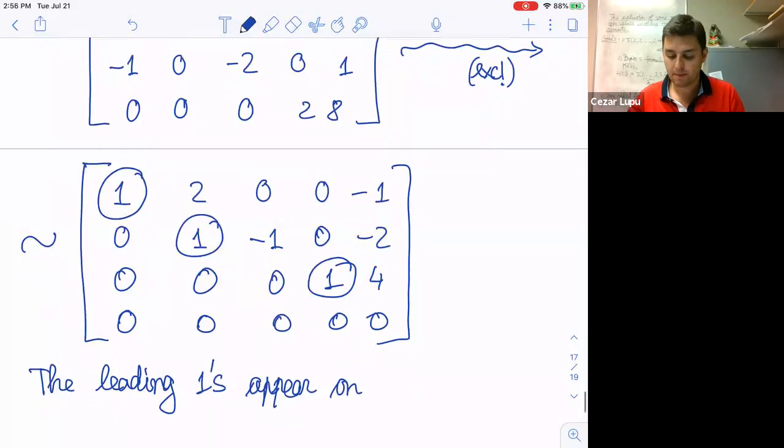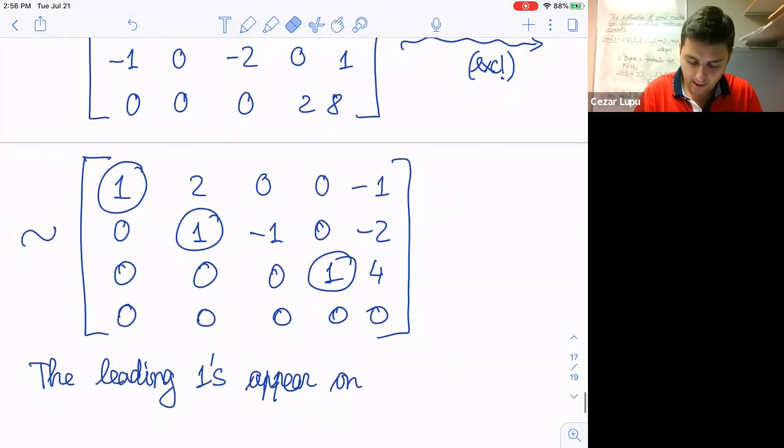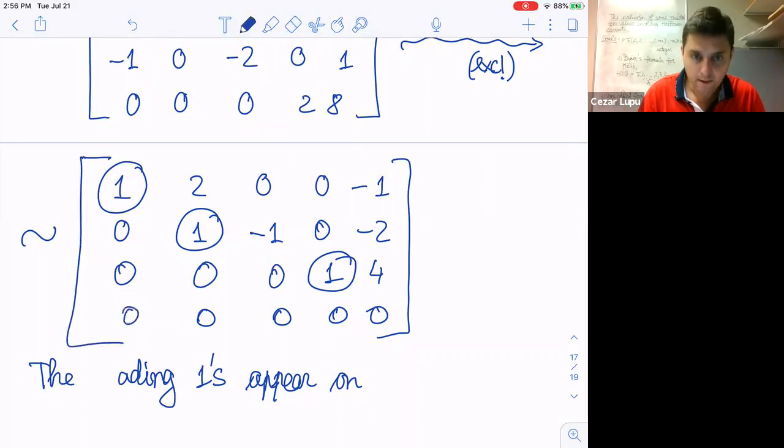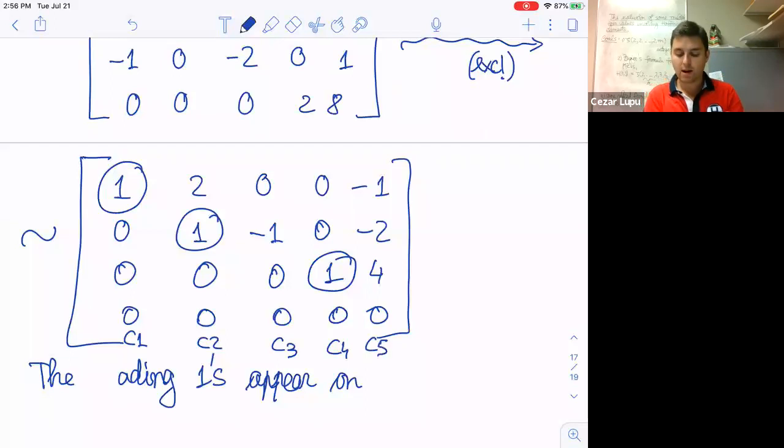So this is C1, C2, C3, C4, C5. On what columns do leading ones appear? On columns, yes, like Andy says, 1, 2, and 4: C1, C2, and C4. On the first, the second, and the fourth column of the row reduced matrix.